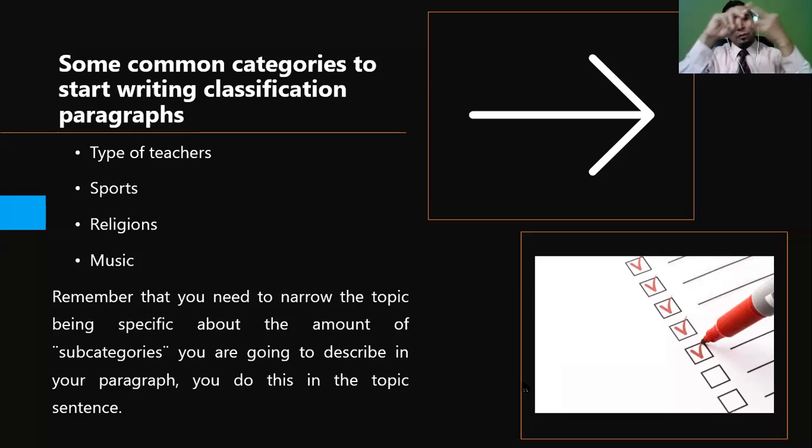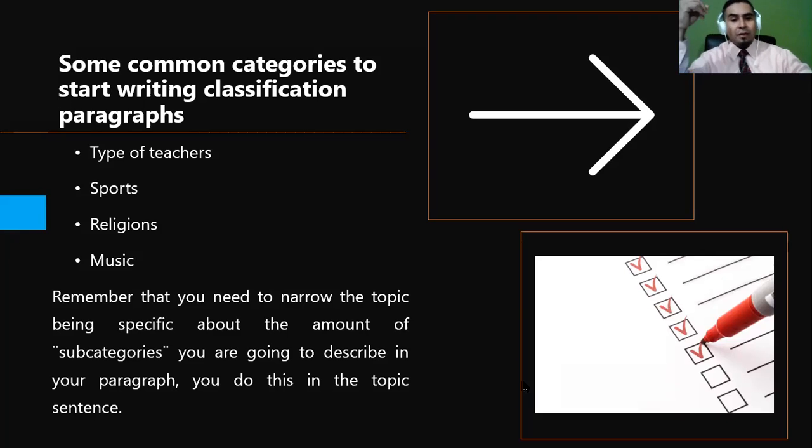We can write about the English teacher, we can write about the psychology teacher, and many other teachers, okay? But your main topic would be teachers or types of teachers. And the categories: mathematics teacher, science teacher, English teacher, and psychology teacher. That's it. That's the mind map, okay?